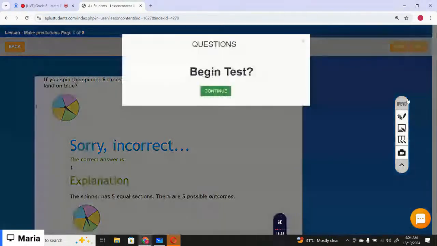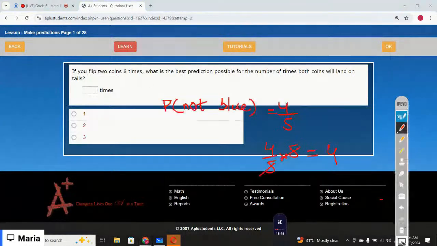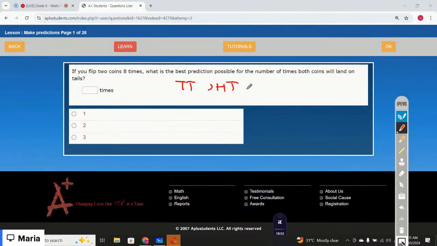Let's just start with the test questions. If you flip 2 coins 8 times, what is the best prediction possible for the number of times both coins will land on tail? So you have 2 coins, right? The total possible outcomes for the 2 coins are head head, head tail, tail head, and tail tail.